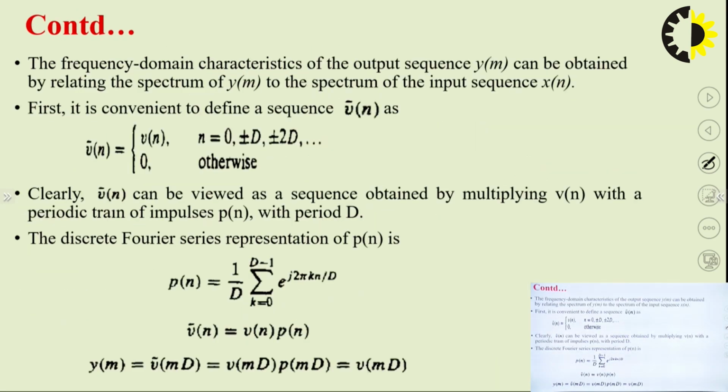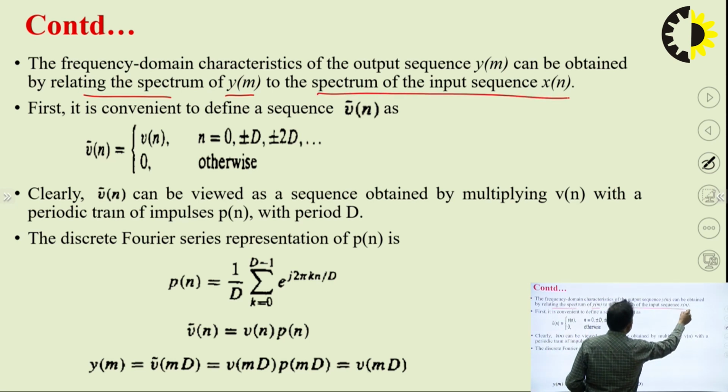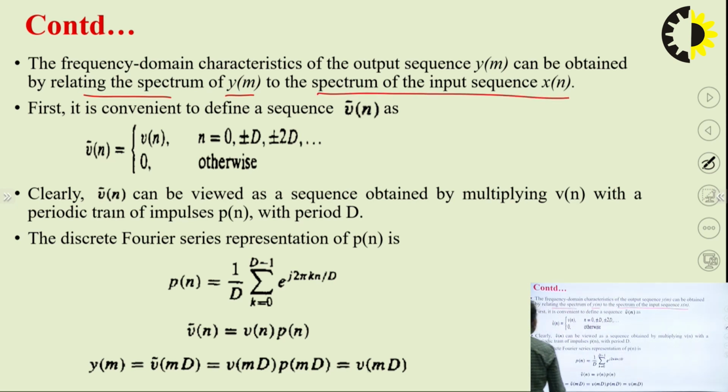Okay. Now we will see the frequency domain characteristics of the output sequence y(m). The frequency domain characteristics of the output sequence y(m) can be obtained by relating the spectrum of y(m) to the spectrum of the input sequence x(n). So this we have to do. First we will define a sequence, let us say v cap (n), as v(n), where n is 0, plus minus D, plus minus 2D, or we can take only those values which we get after the decimation.